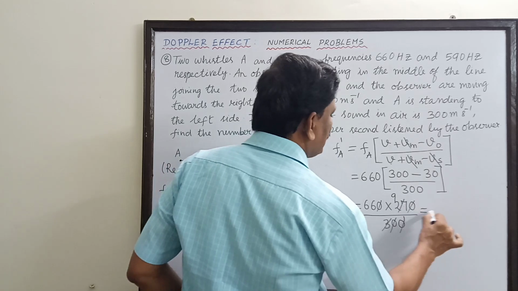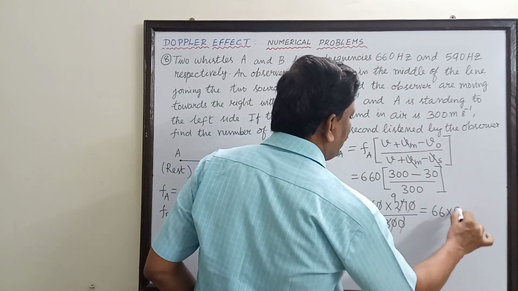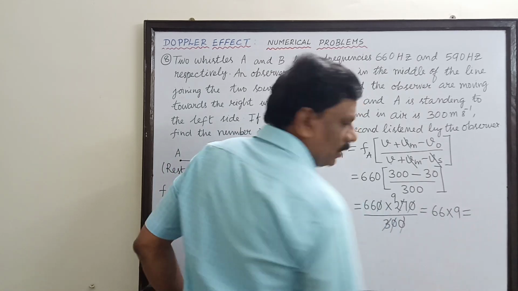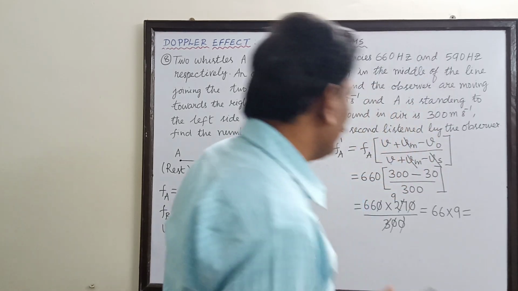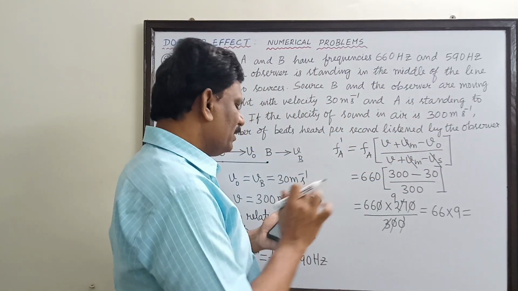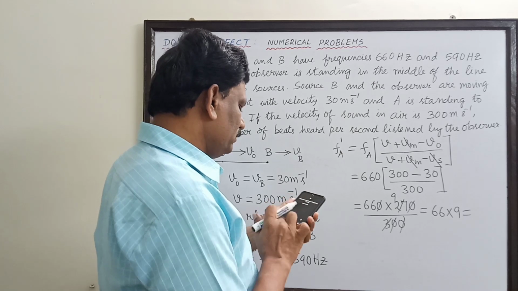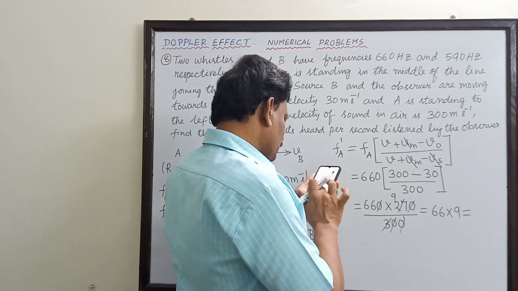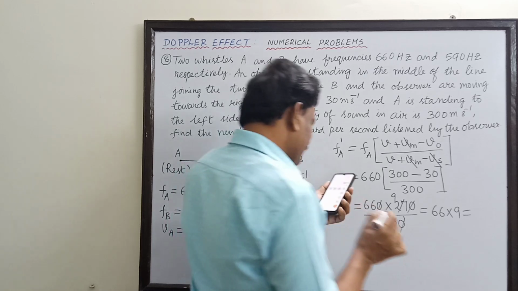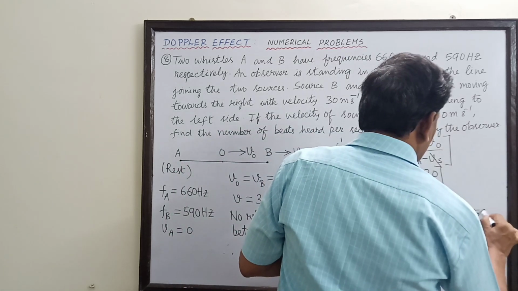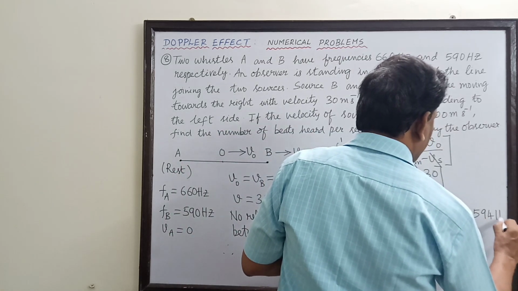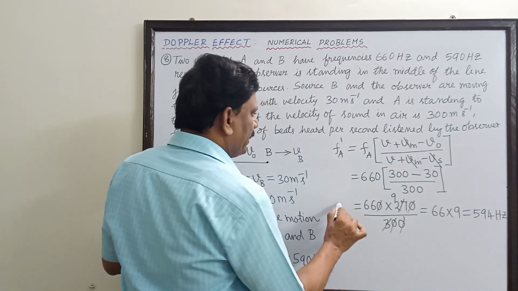So this is 66 multiplied by 9. I will find it out using a calculator. What is 66 into 9? That is found to be 594 hertz.